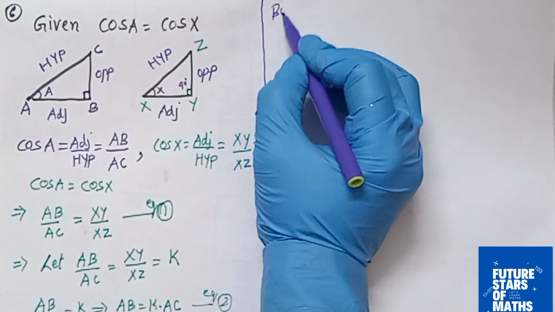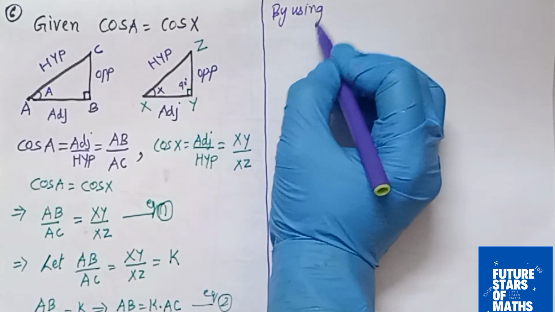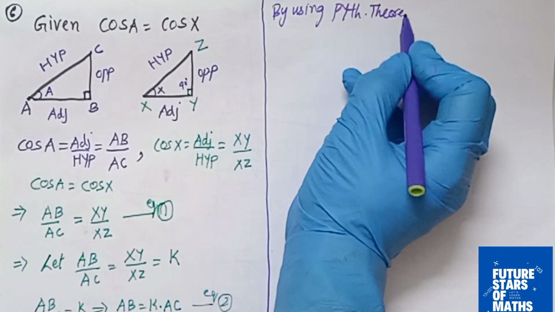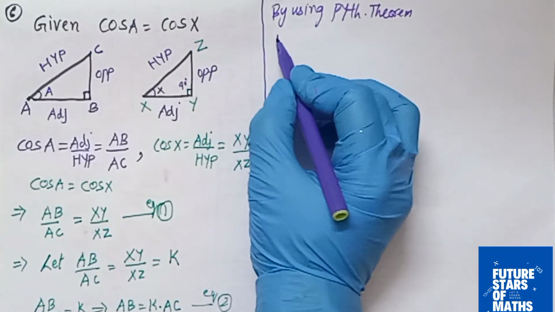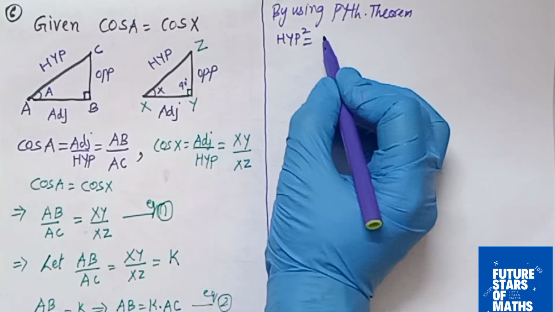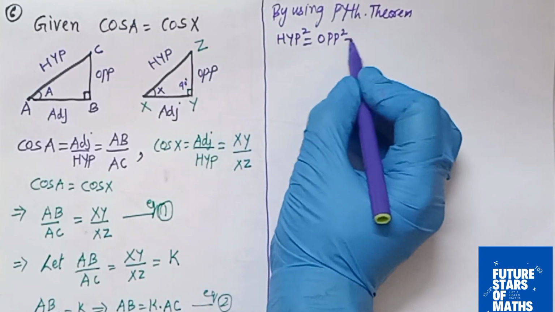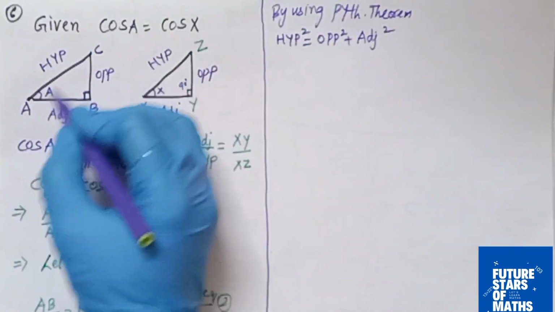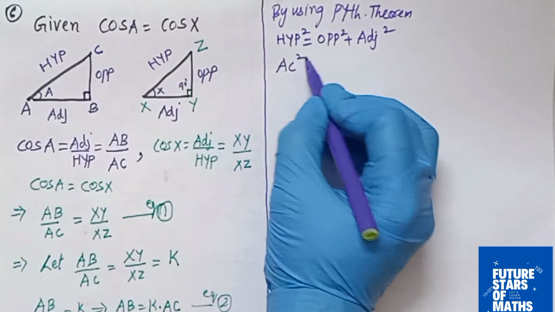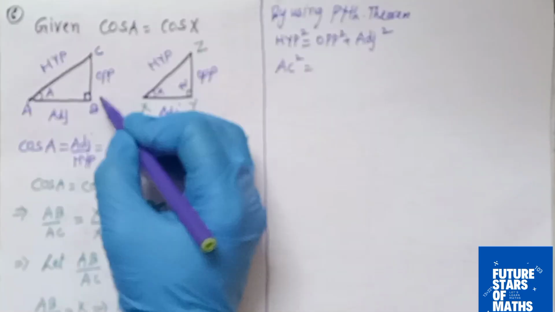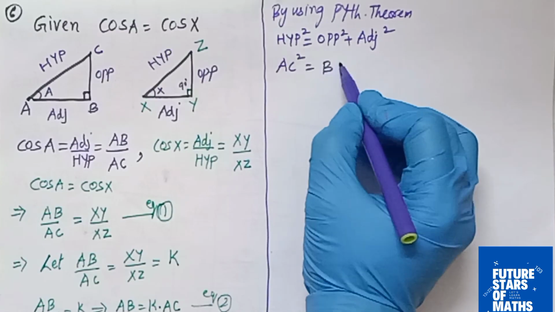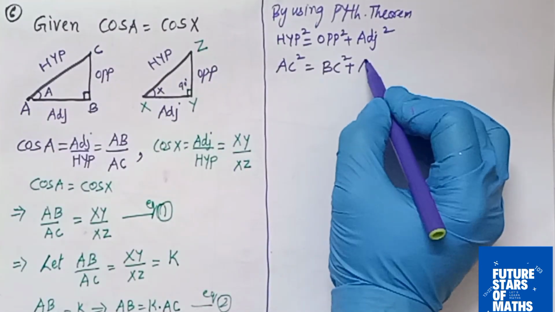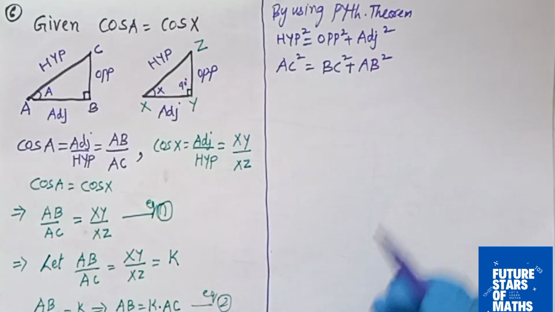By using Pythagoras theorem, we can write that the hypotenuse square is equal to opposite square plus adjacent square. So the hypotenuse, AC square, equal to the opposite side, which is BC square, plus the adjacent side, AB square.